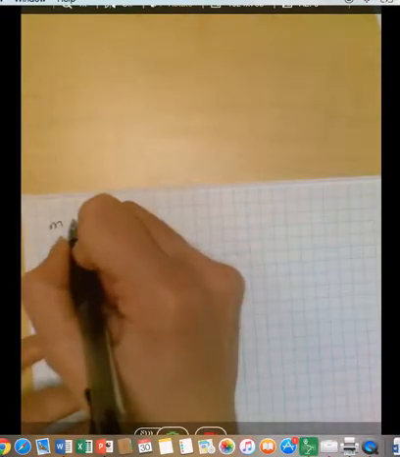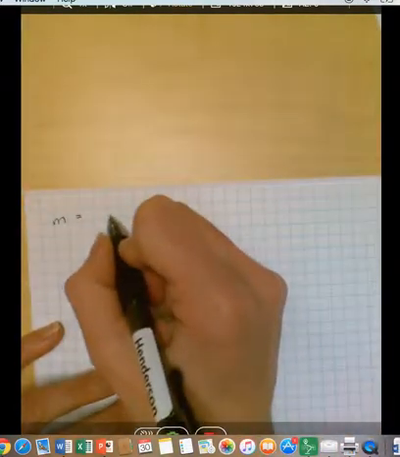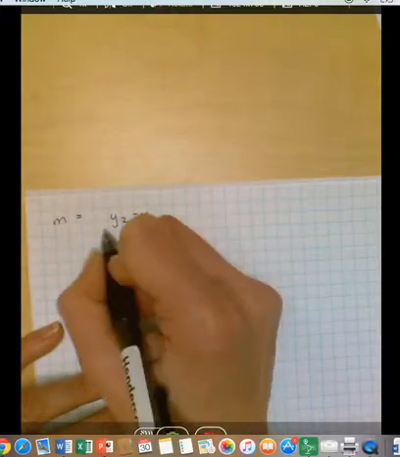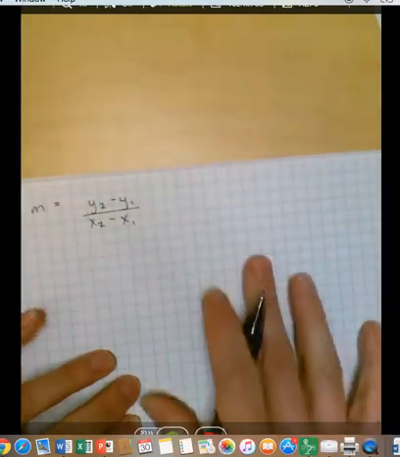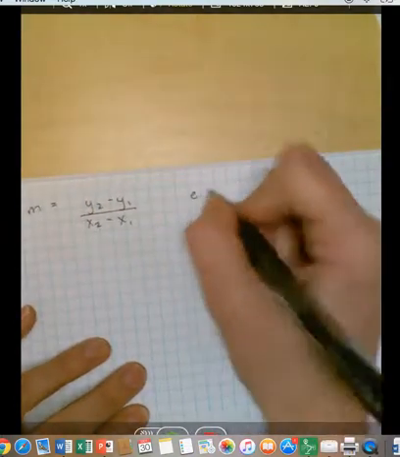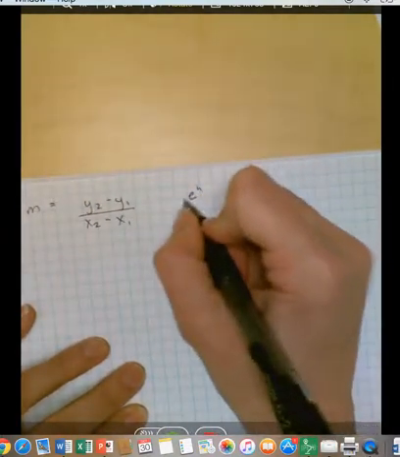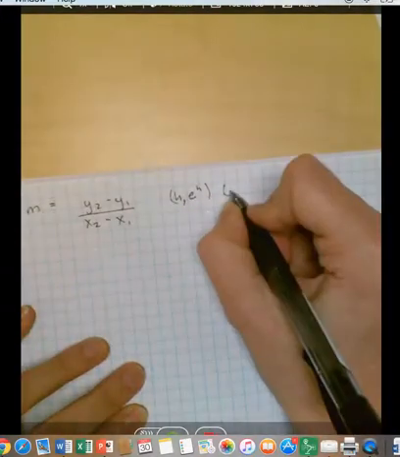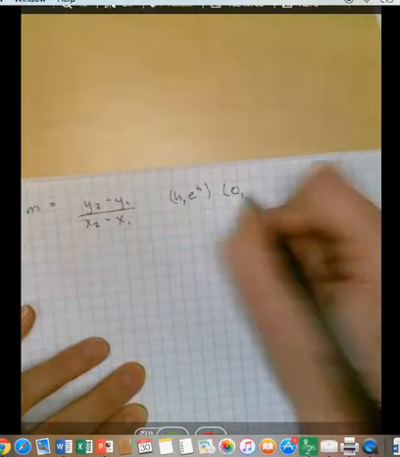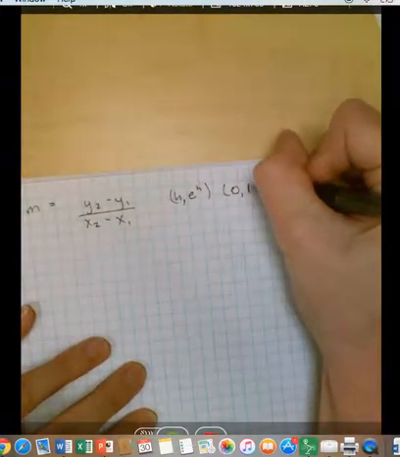We're going to use our slope formula: slope equals the change in y over the change in x. Our y is going to be e to the h. So there's one point, and then our other point is 0, and e to the 0 is just 1, right?